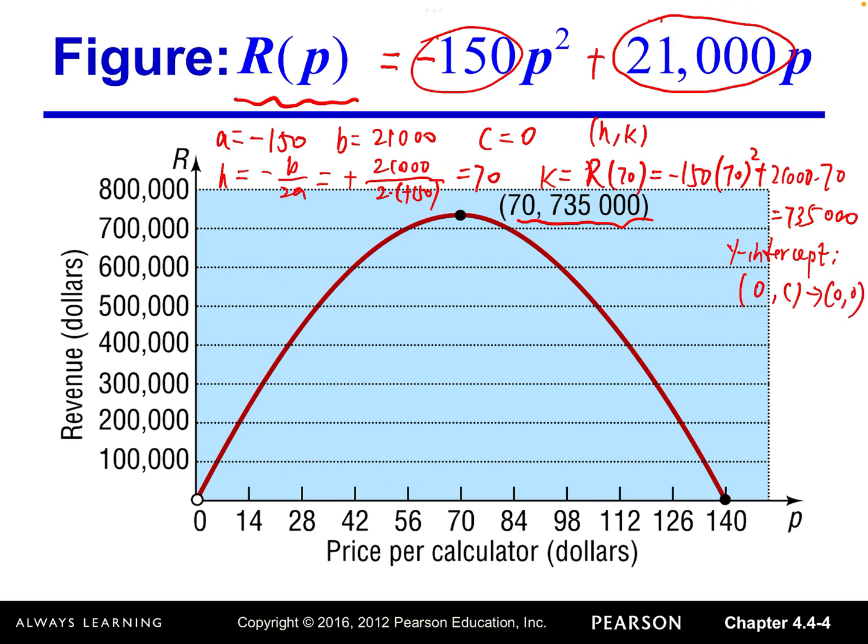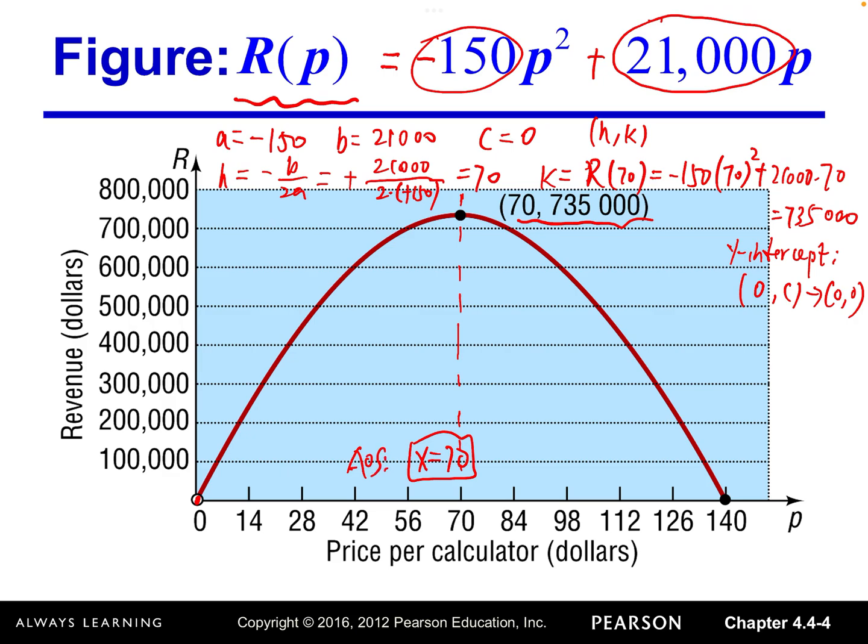Okay, so that's the y-intercept, and actually it's also an x-intercept. And then we know the axis of symmetry is x equals negative b over 2a. It's a vertical line passing through the vertex, so the line equation is x equals 70. Okay, that's the axis of symmetry.